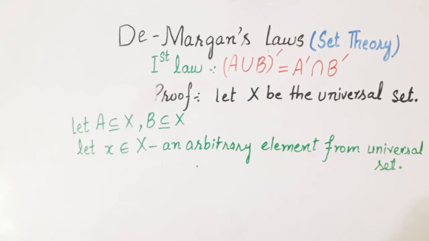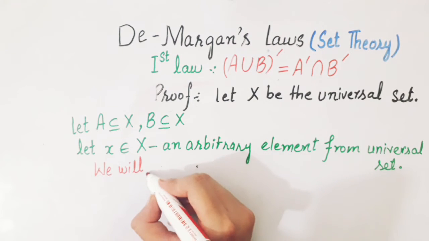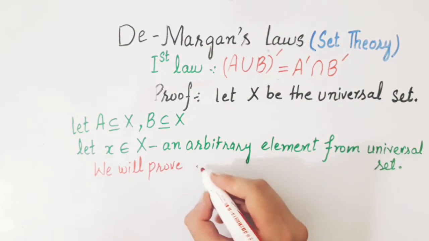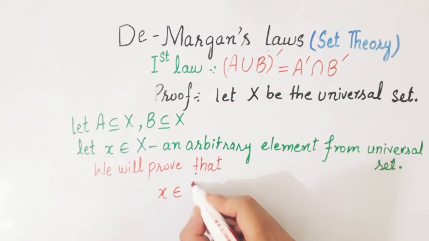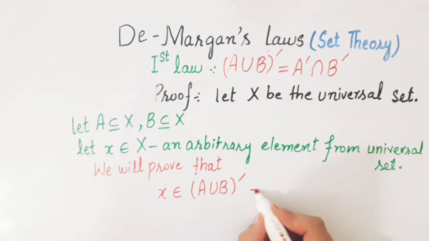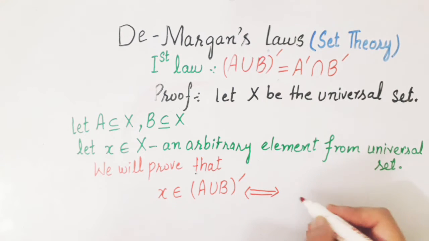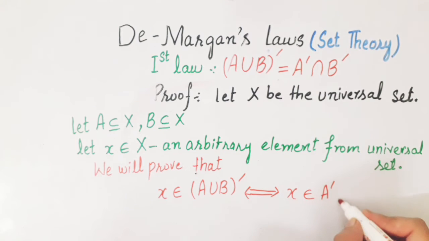Now we will prove that x belongs to (A union B) whole complement if and only if x belongs to A complement intersection B complement. So we will prove this statement as follows.